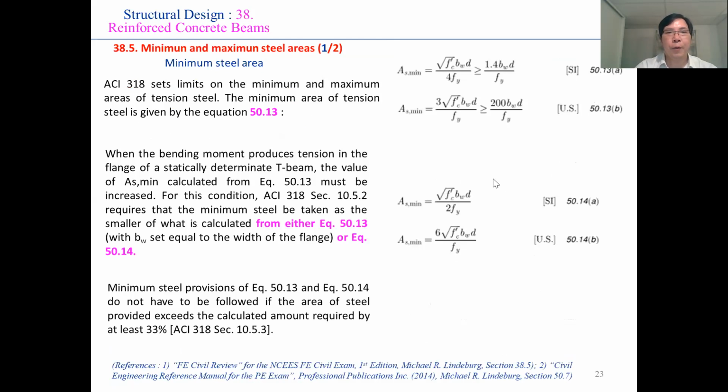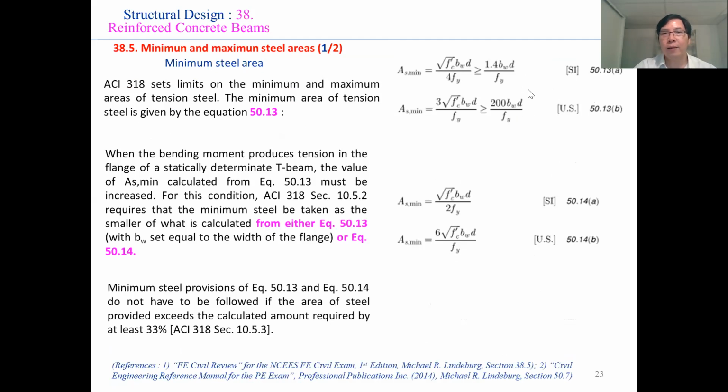So in this slide, I would like to show you some equations for calculating the minimum and the maximum steel area. Firstly, I show you the equation for the calculation of the minimum steel area. You can see here there are two equations.